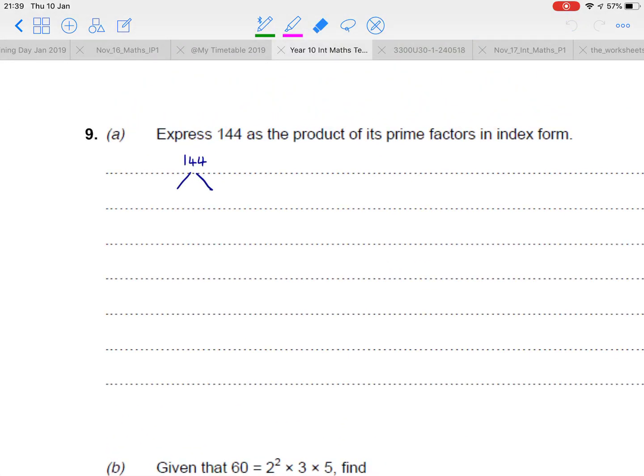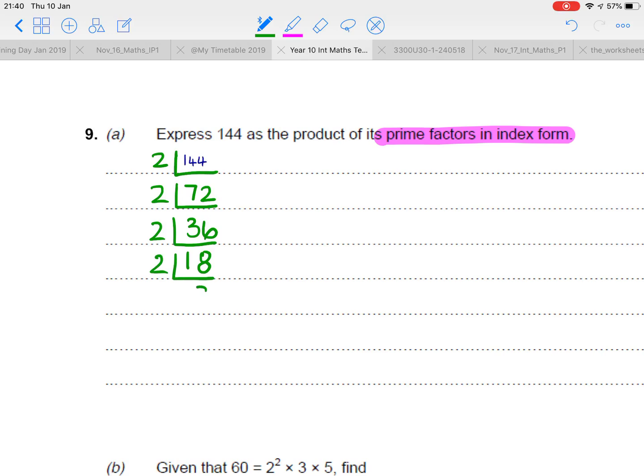144 needs to be written in prime factors. The product of prime factors in index form tells me that it's going to be in powers. 144 divided by 2 can be divided by 2 again, can be divided by 2 again, and again. 2 won't work anymore, so I've got to move up so I can try 3s.